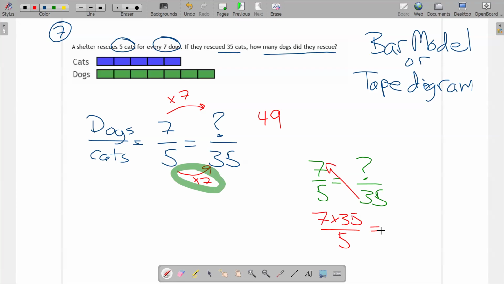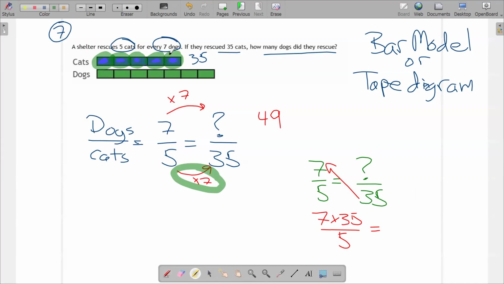Another way to do this is to use the picture. So the picture, I can choose to mean that this bar for cats represents 35. If this whole bar is 35, can I figure out then how much each of those is worth?